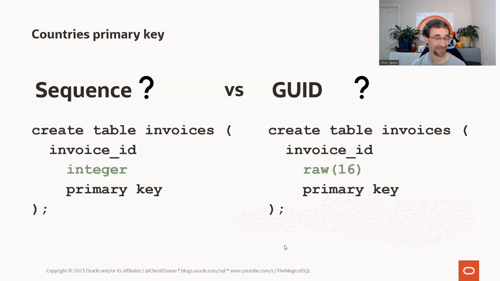Sequences can be ordered, and it's true, but that doesn't necessarily guarantee they are inserted in the same order, right? If we've got two transactions, I start first and I generate a sequence number, and then I do a whole bunch of processing, and then you generate the next sequence number and do less processing, so your transaction finishes and commits before mine for whatever reason.